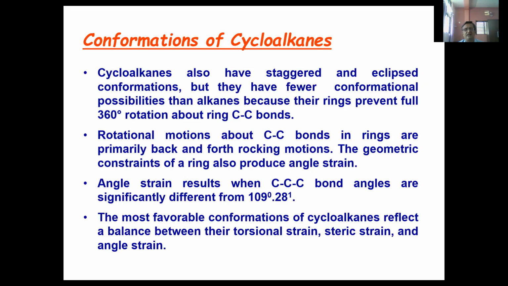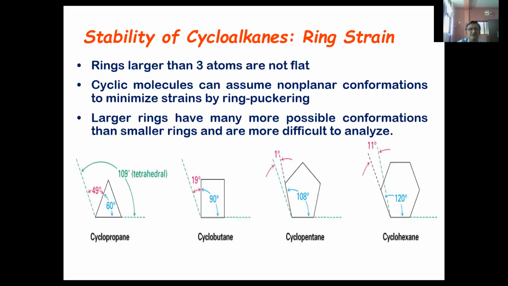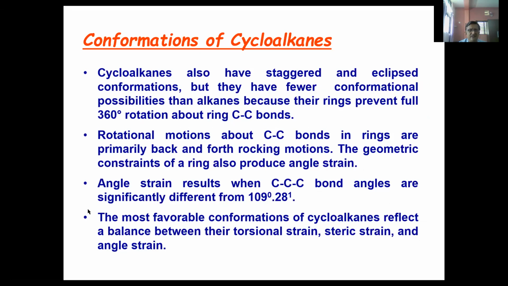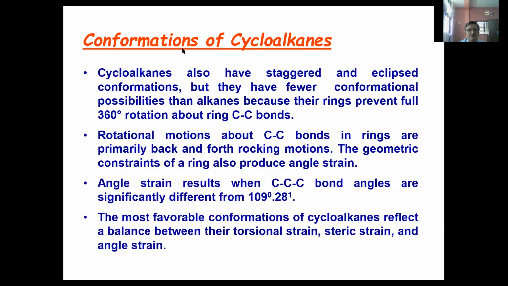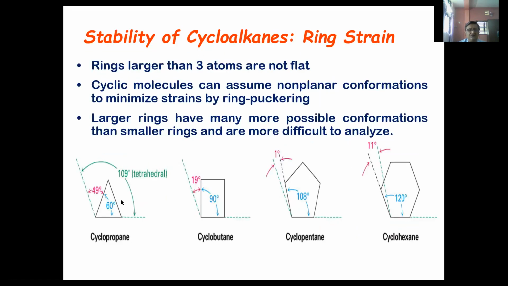Most of the cycloalkanes we represent in planar structures. A simple triangle represents cyclopropane. Here you can see cyclopropane, cyclobutane, cyclopentane, and cyclohexane.